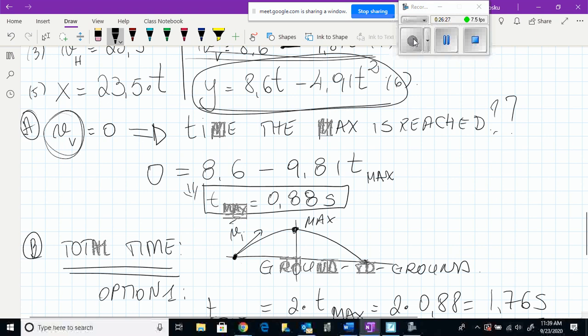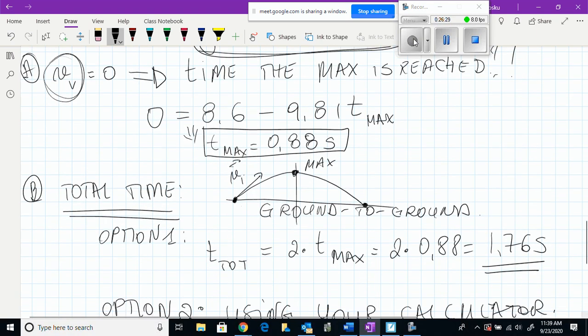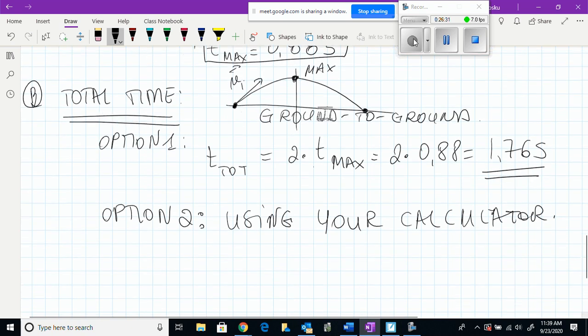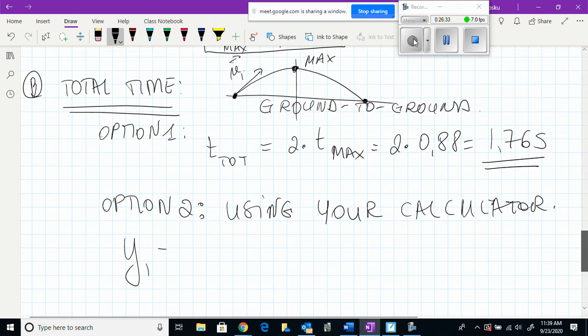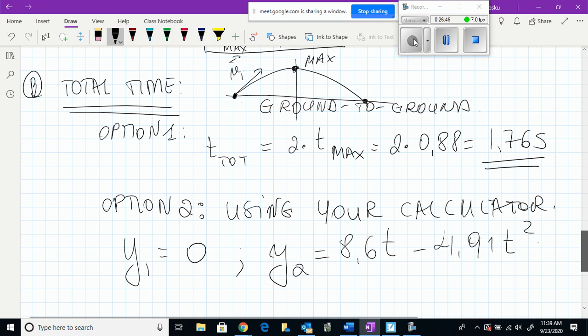And then we'll plot y1 equal to 0, and y2 is whatever the equation 6 is. When you graph it, you will see something like this.